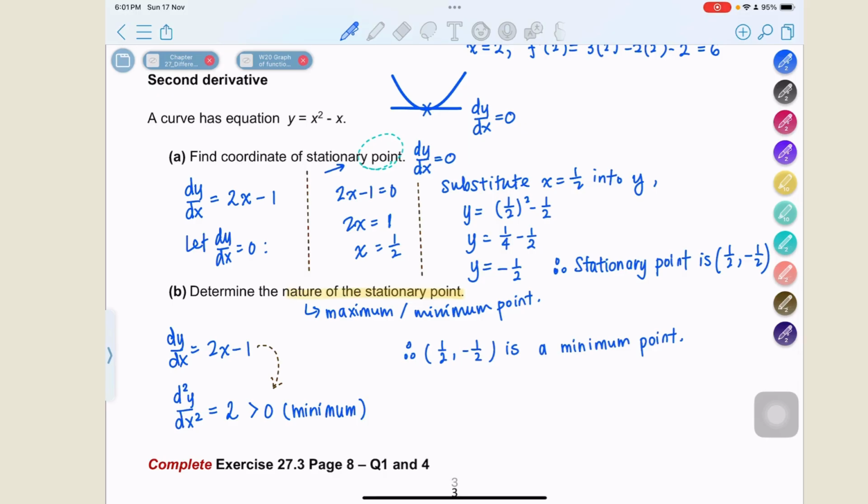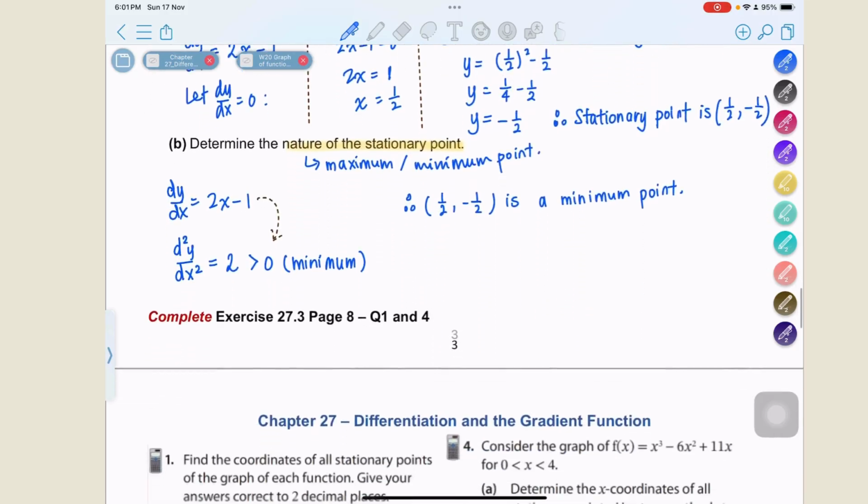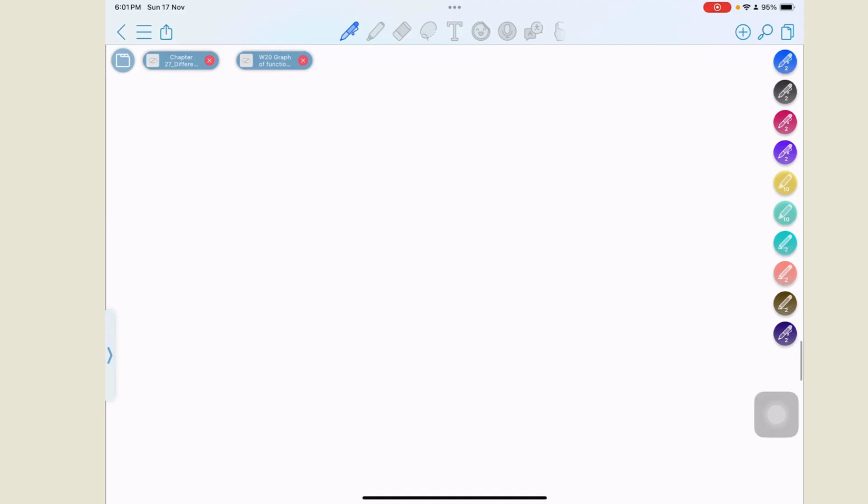Now I would like to make a summary for this part as well. Let's look at the summary. Always remember, number 1. The first step, if I want to find the stationary point: part 1, first we need to find dy/dx or f prime x.